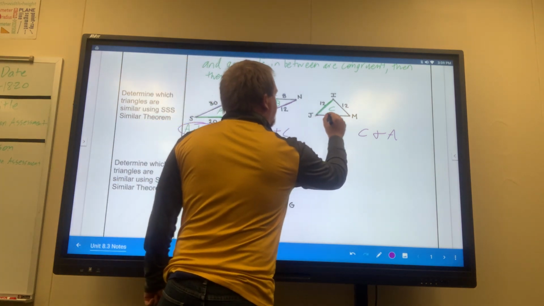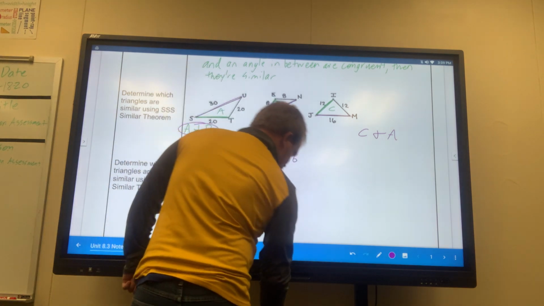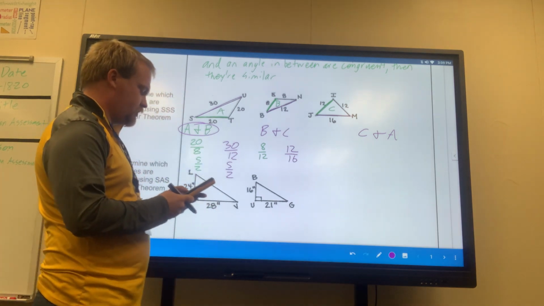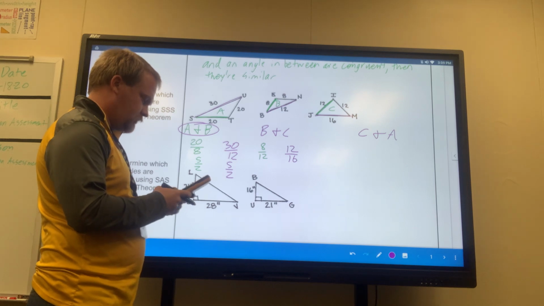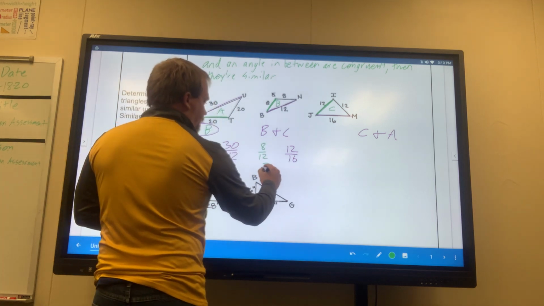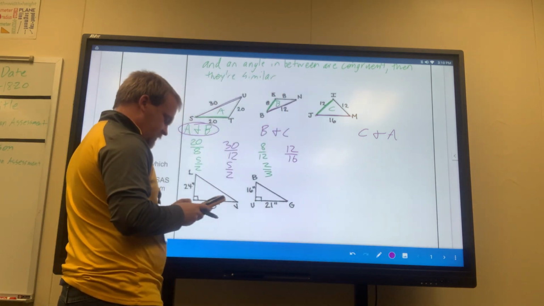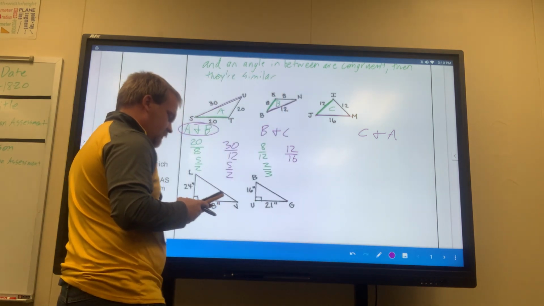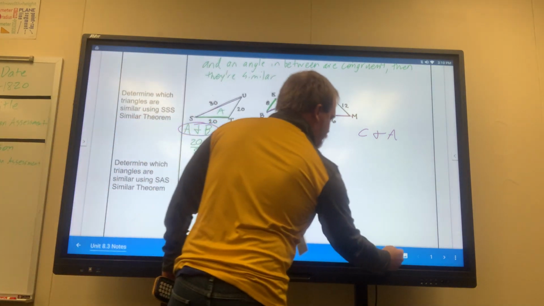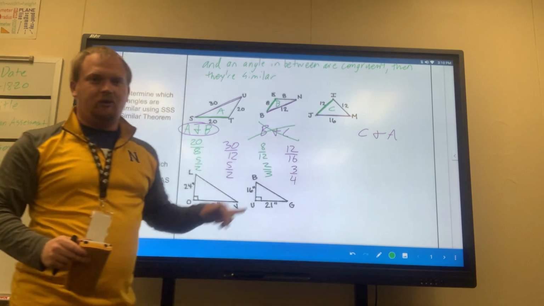And BN corresponds to JM, so it's going to be 12 over 16. 8 over 12 simplified is 2 over 3, and 12 over 16 simplified is 3 over 4. Well, they're not the same. So this one doesn't work. These two triangles are not similar.